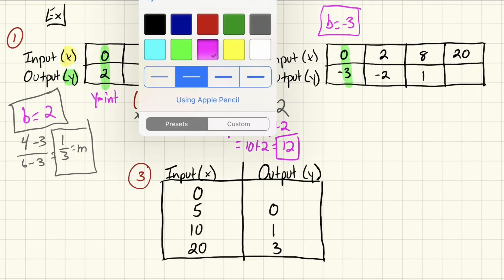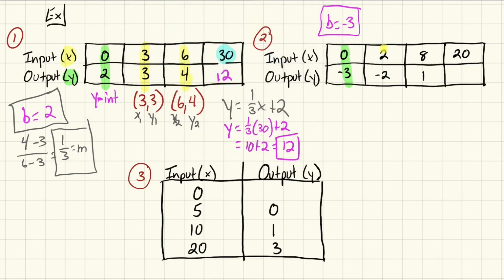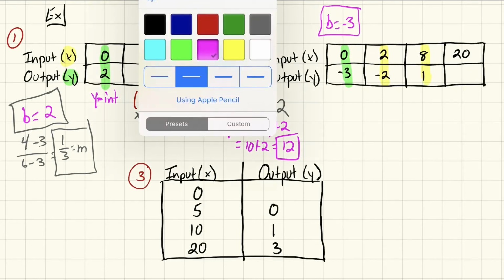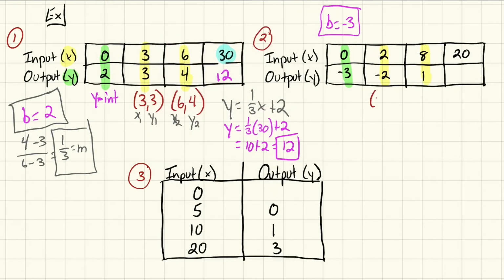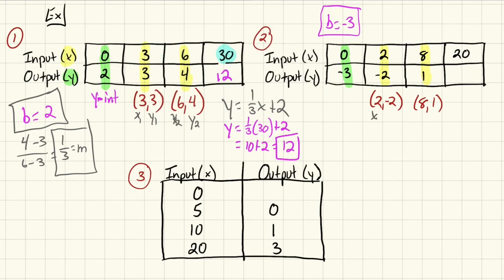To figure out slope, all we're going to do is look at the next 2 points, which is 2, -2, and 8, 1. I'll go ahead and rewrite those. So we have them, 2, -2, 8, 1. Go ahead and set up the problem. x1, y1, x2, y2.